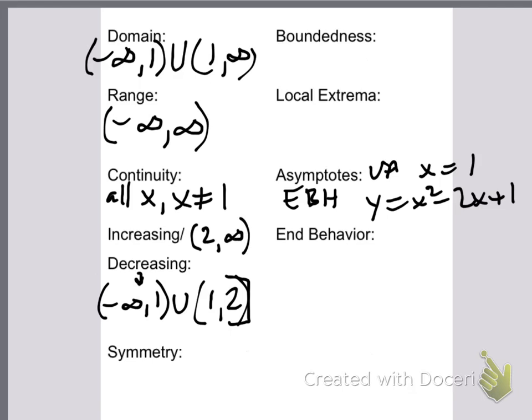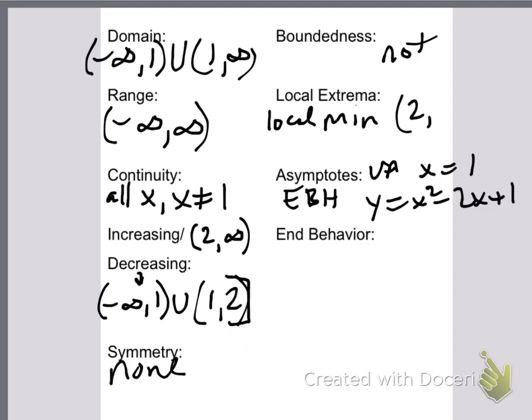Symmetry, there is no symmetry. None. Bounded, is it bounded? Not really. Extrema, we have a local min at x equals 2. Well, if I plug 2 in, I get 3.